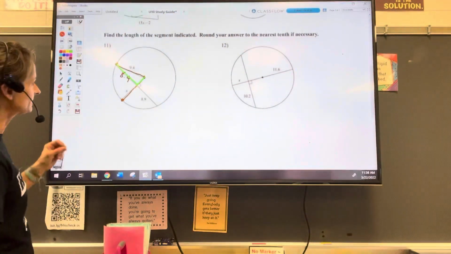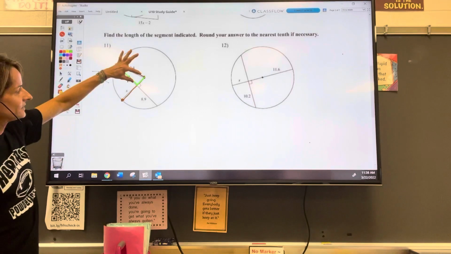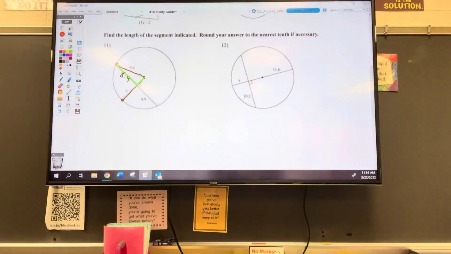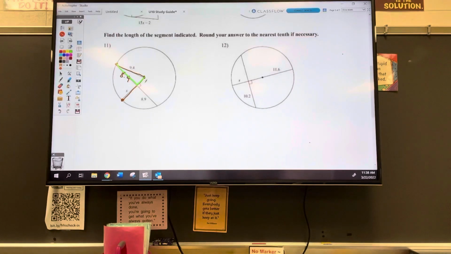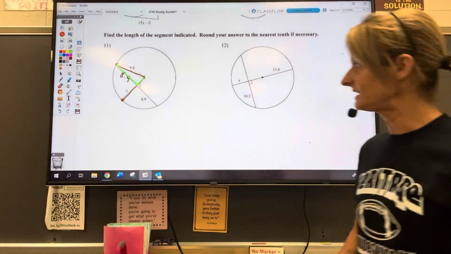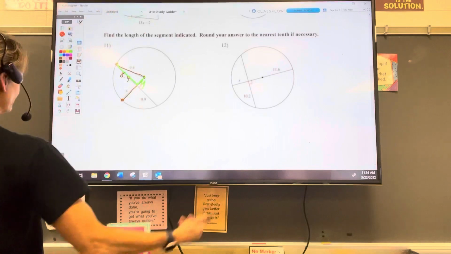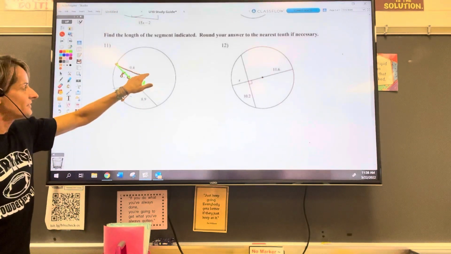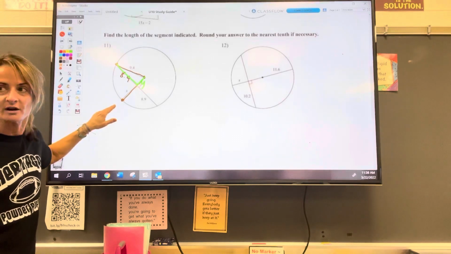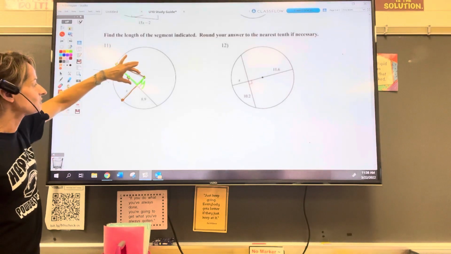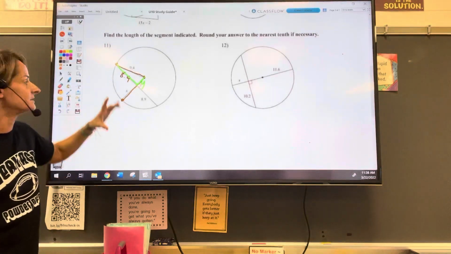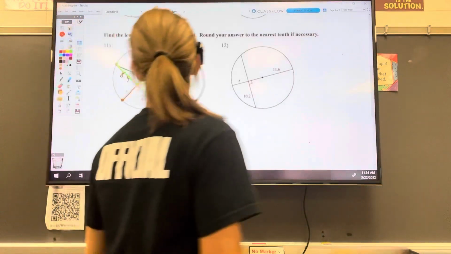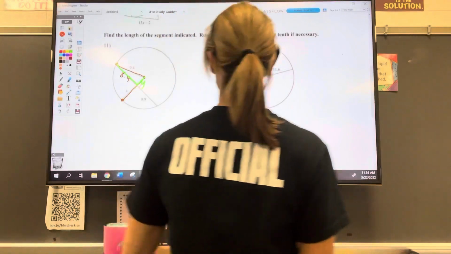I can use the Pythagorean Theorem to solve for this missing length, which I'm going to call y. If I can solve for y, and I know that the radius is 9.4, then I can just subtract that length from 9.4 to get my x unknown. I think that's really all I wanted to show you on that problem.